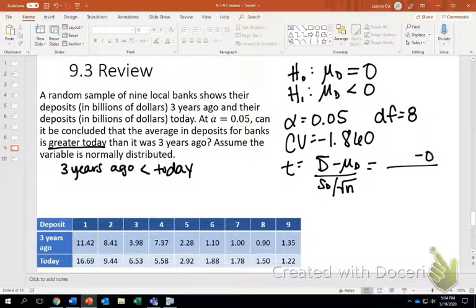We know that this is going to be 0 right here. We know that our standard deviation, we'll get that in a minute. We know that our sample size is going to be 9. So we do know some pieces. We just have to figure out what's going to go here and what's going to go here. So let's go to a new screen so that we can get that first, and then we'll get the highlighted pieces that we need.